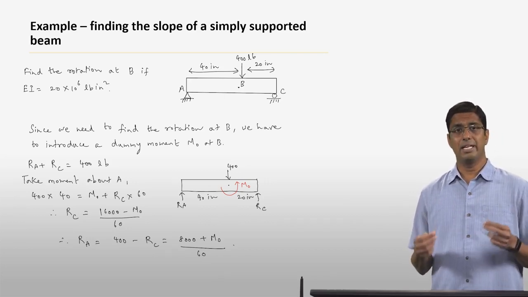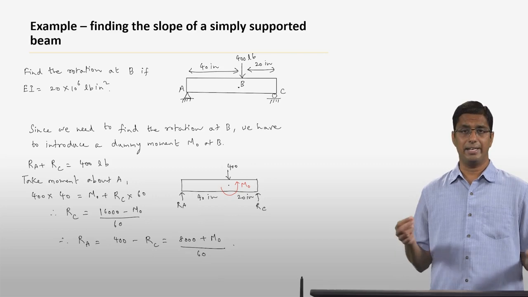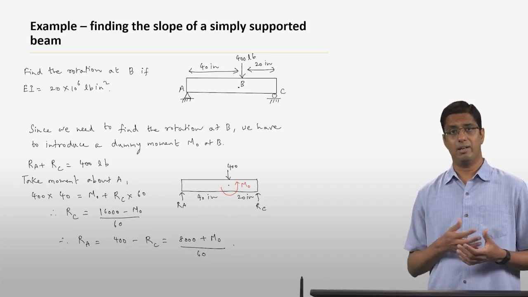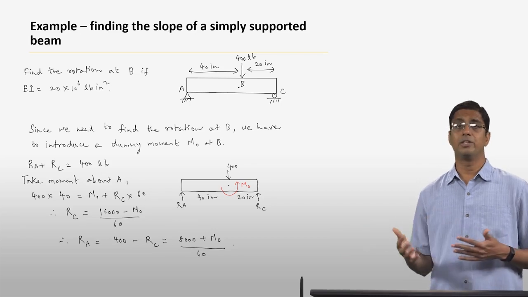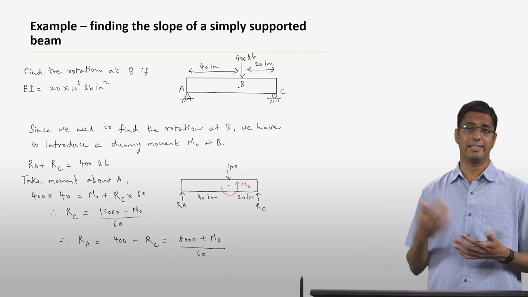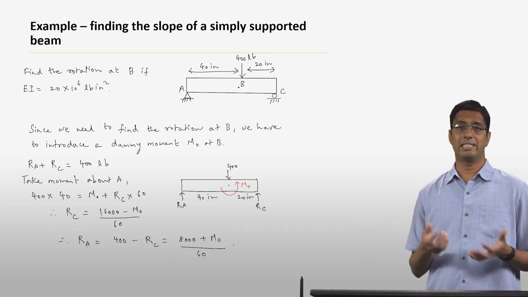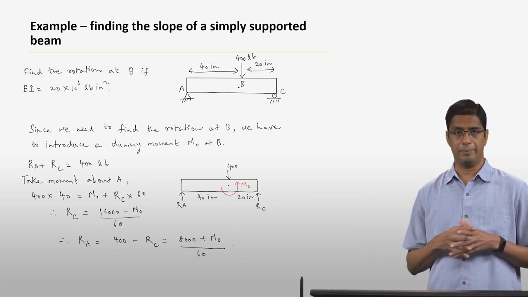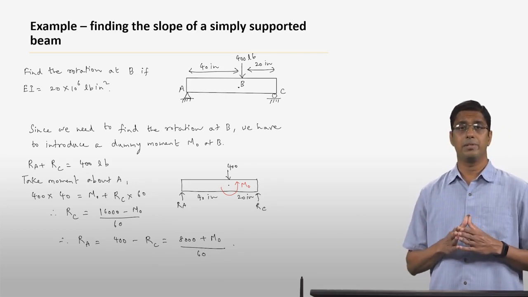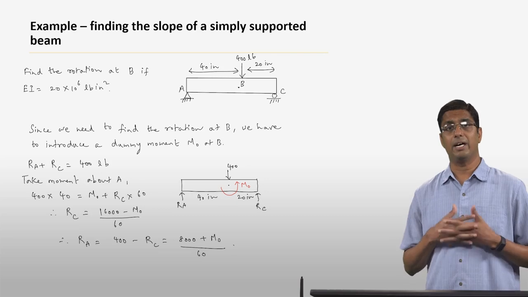The reason is, in that way, you will get RA and RC in terms of m0. So if you write the moment function along the length of the beam, then those moment functions will be in terms of m0. Then you can take the derivative with respect to m0, and that will give you the rotation at point B. That is why we have to consider m0 also in terms of finding RA and RC.